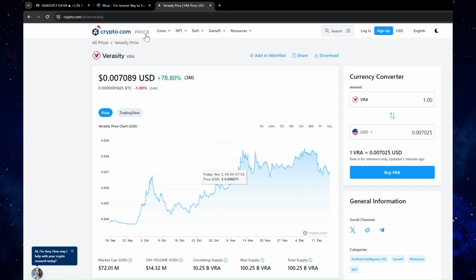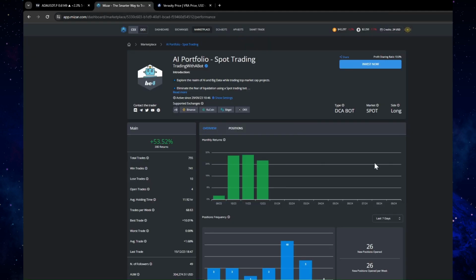So what the bot is doing, and what I'm somehow subconsciously or half consciously doing with this strategy, is that I'm not just trading them, but I'm also investing into the projects that are part of this bot. And what that means is that I'm not trading contracts of the tokens.